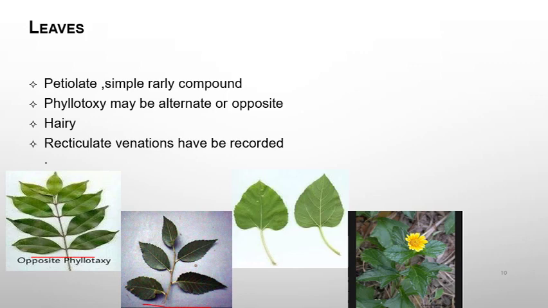So, not infrequently, they are opposite towards the base of the stem and alternate above the base of the stem. The venation in the leaf of the Asteraceae family is in a network form that we call reticulate venation.